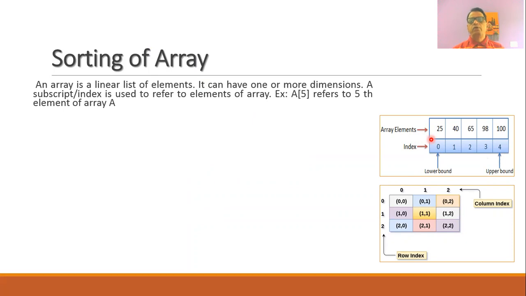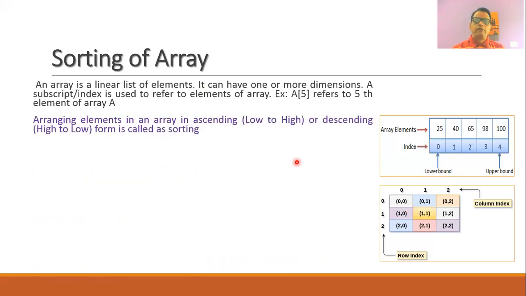Whenever we want to refer to any element of the array, that element can be referred to through an index variable. If the array is of one dimension, we will require one index variable. And if the array is of two dimensions, we will require two index variables. The first index variable will refer to the row number and the second index variable will refer to the column number.